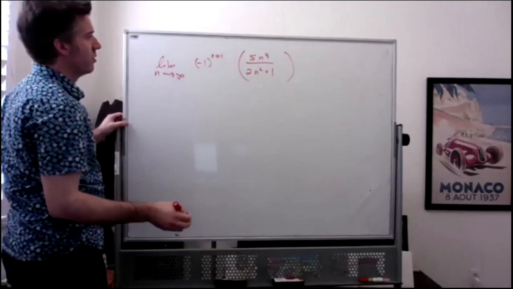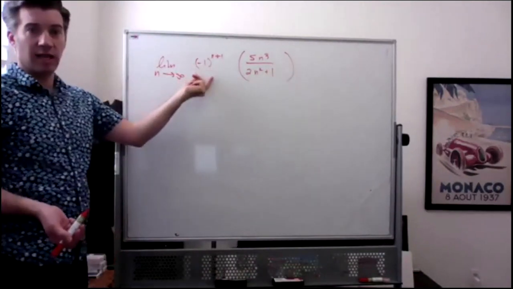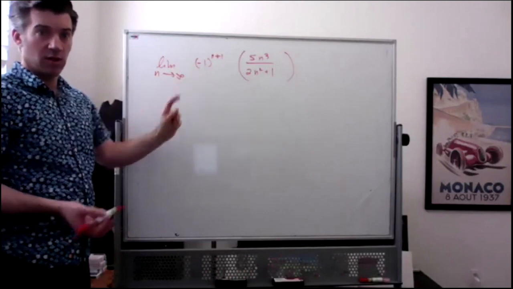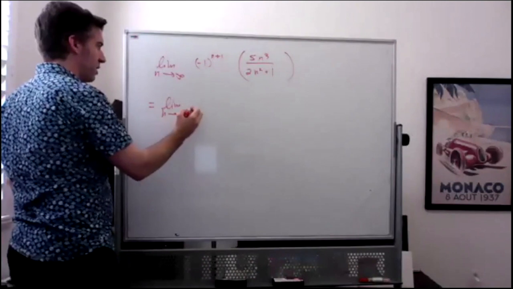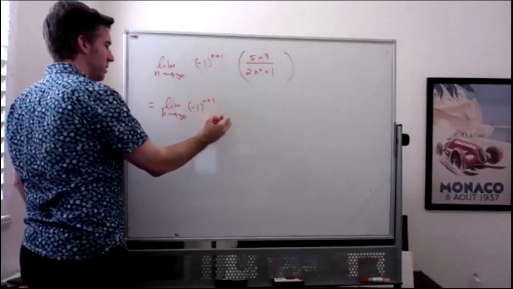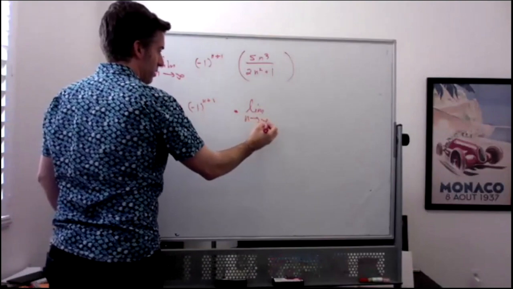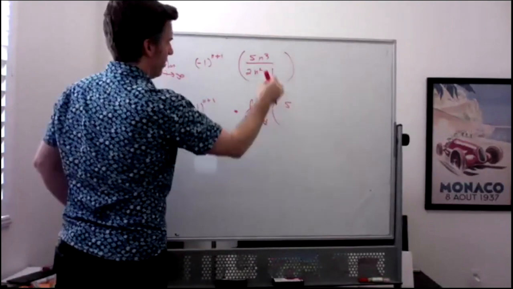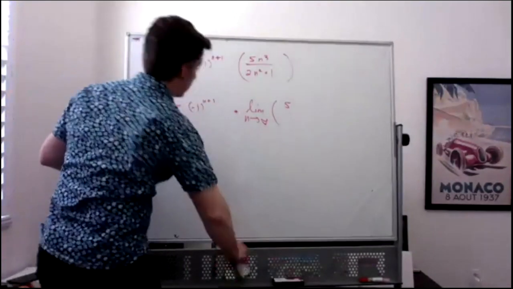And so this is just -1 or 1, right? So I can write this as the limit as n goes to infinity of -1 to the n plus 1 times the limit as n goes to infinity of 5n squared over 2n cubed.